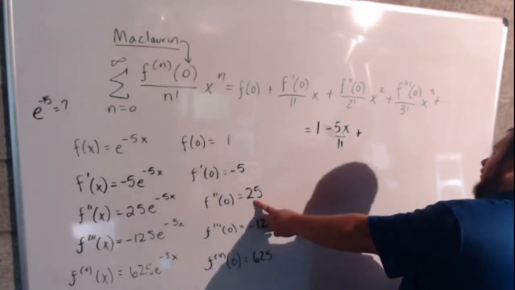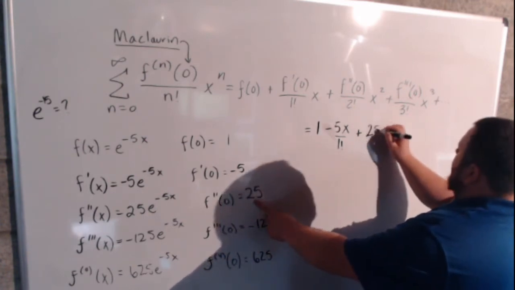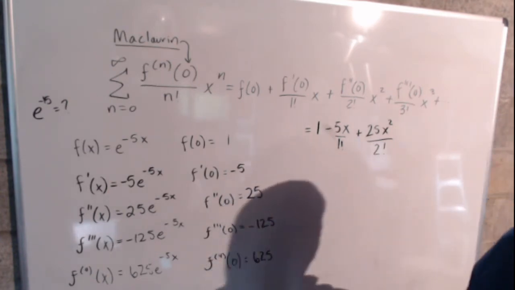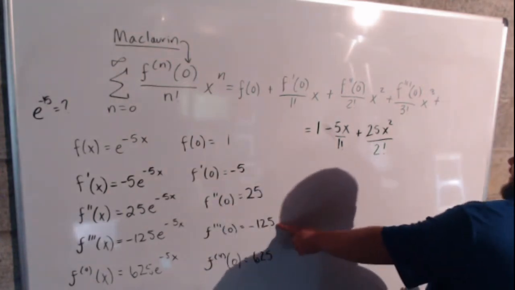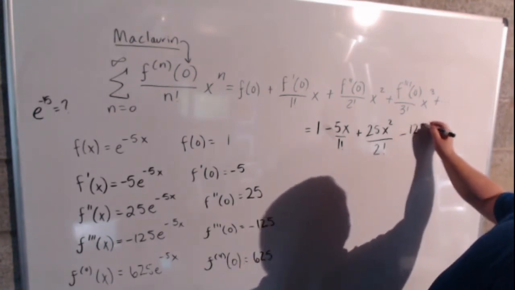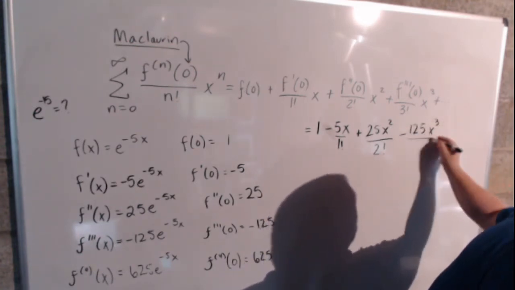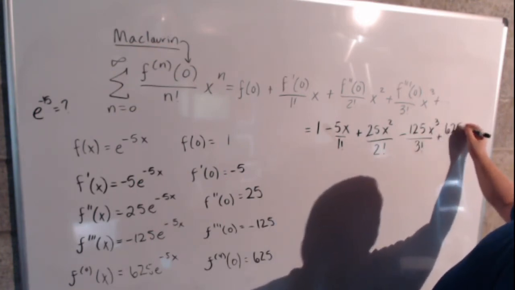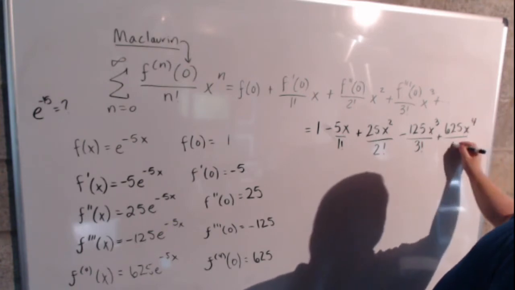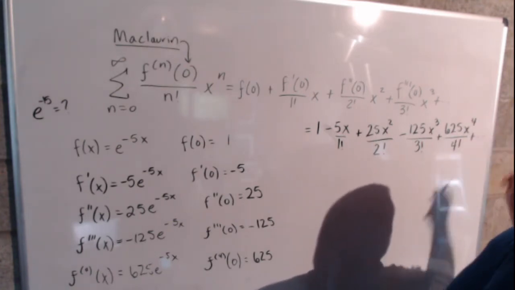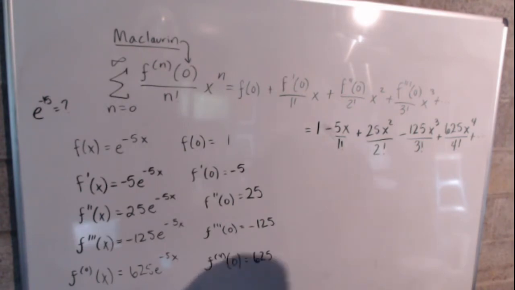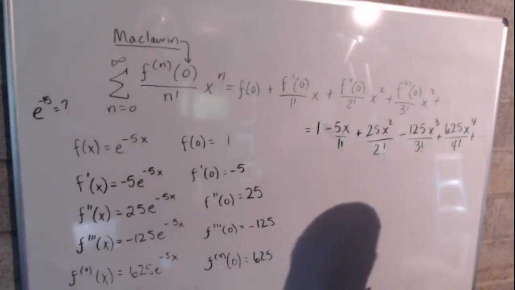Next one is f double prime times x squared over 2 factorial. The following, f triple prime at 0 times x cubed over 3 factorial, and the last one we have written, 625, that would be x to the 4th over 4 factorial. So those are our first 5 terms of the Maclaurin series.